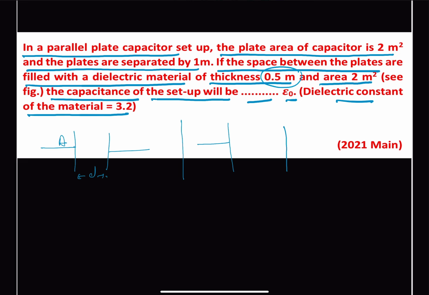Initial distance D is given as 1 meter, so obviously the dielectric is going to cover half of the space. So we can just draw the half of the space. So this is the dielectric, and let us suppose the dielectric constant is K.